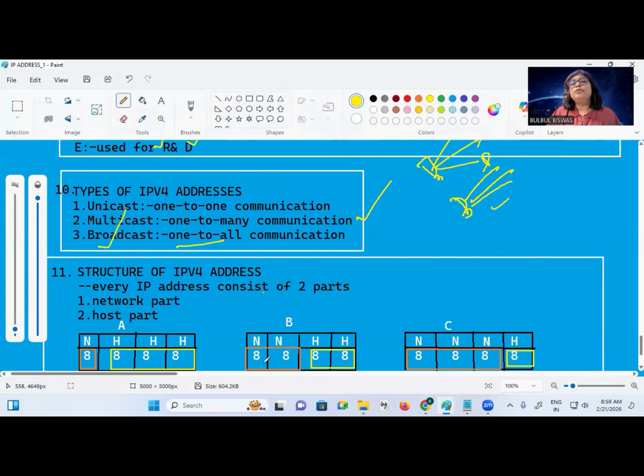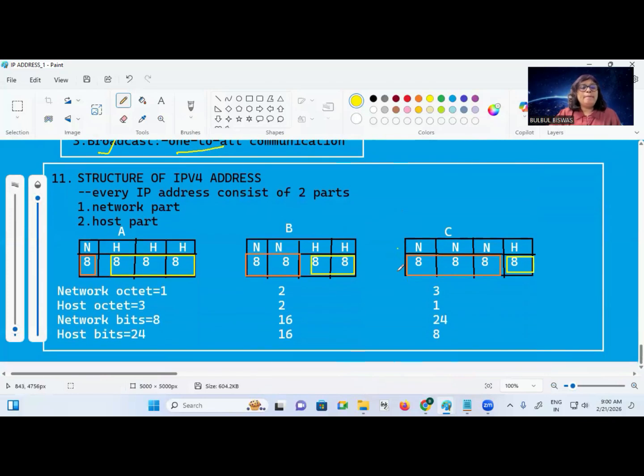Every IP address, when you assign it to a host, has two parts: the network part and the host part. The host part is the device identity in the network, and the network part says which network, which family, this host belongs to. Clear?